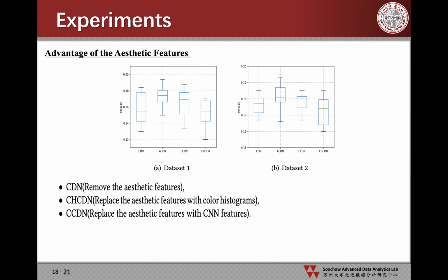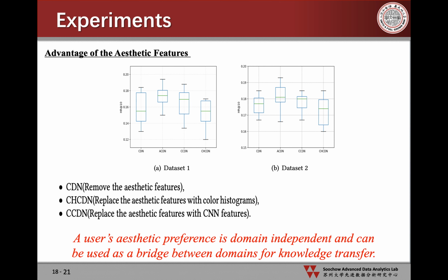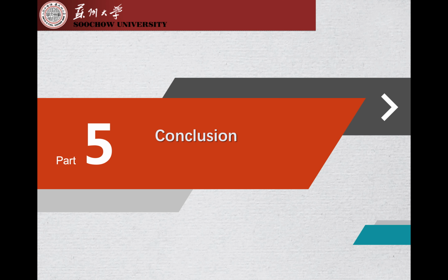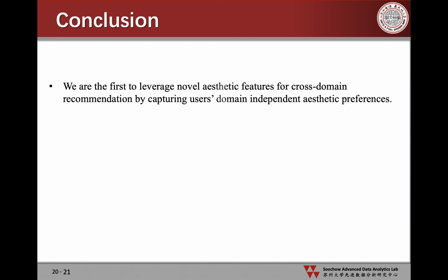And from the two figures, we can see that our model ACDN with aesthetic information performs the best on both datasets. That is to say, a user's aesthetic preference is domain independent and can be used as a bridge between domains for knowledge transfer. Okay, part 5, conclusion.